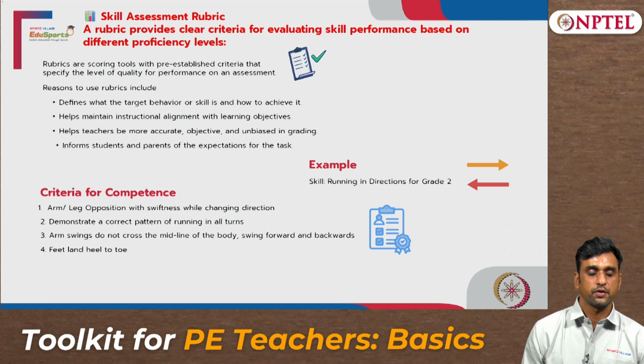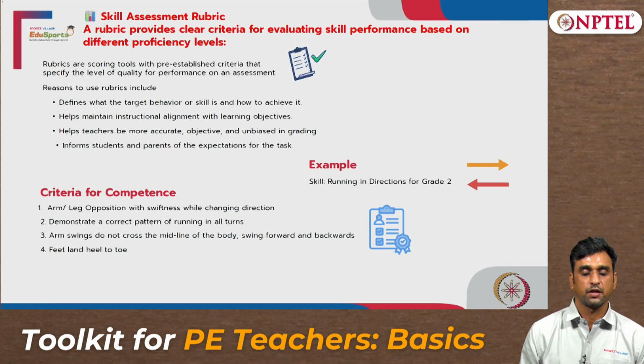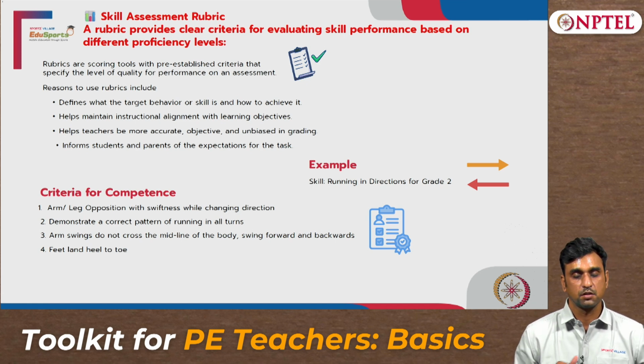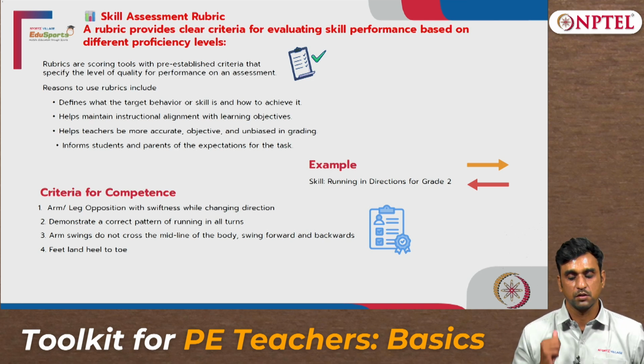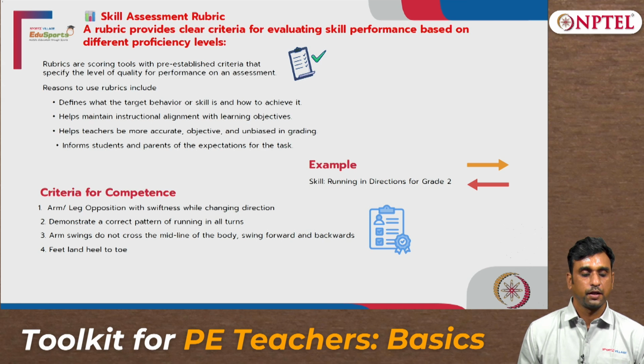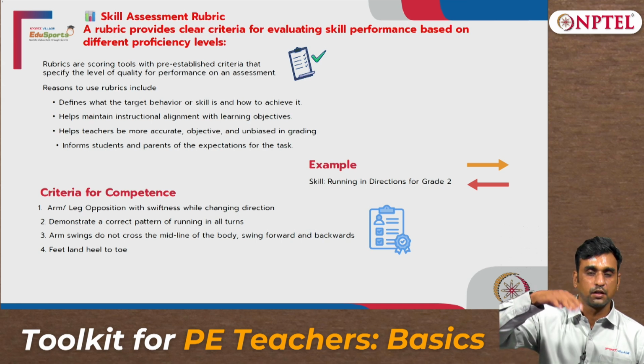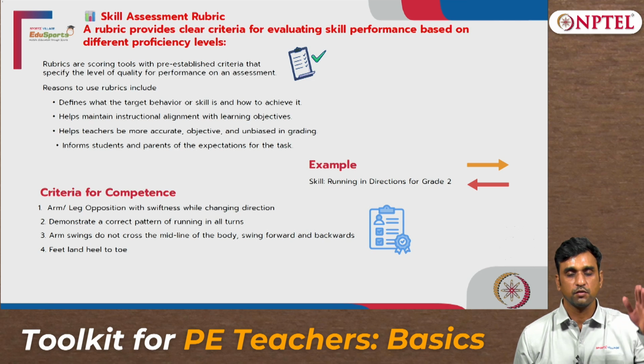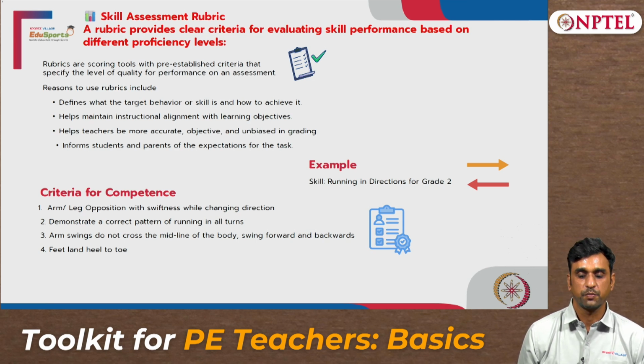Second, demonstrates a correct pattern of running in all turns. Third, arm swings do not cross the midline of the body, so it's not rotating, and it swings forwards and backwards. And the foot landing is heel to toe. So these are the 4 criteria for competence.